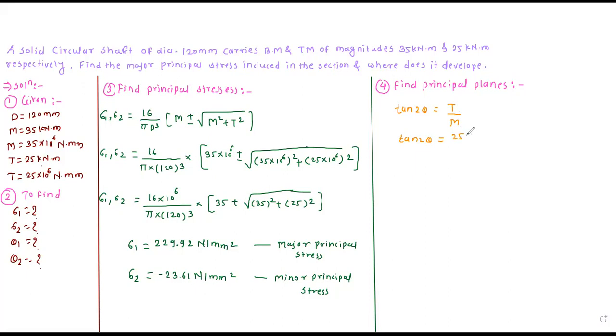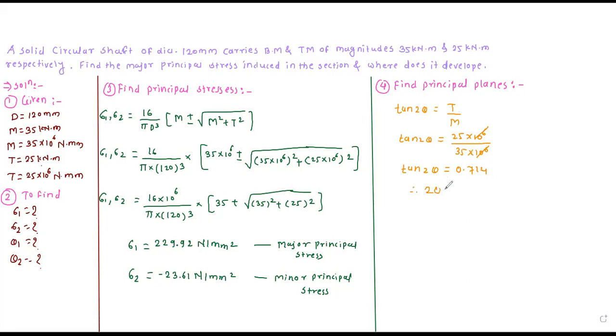Torque is 25 into 10 raised to 6, divided by moment 35 into 10 raised to 6. The 10 raised to 6 cancels. So tan 2 theta equals 0.714.